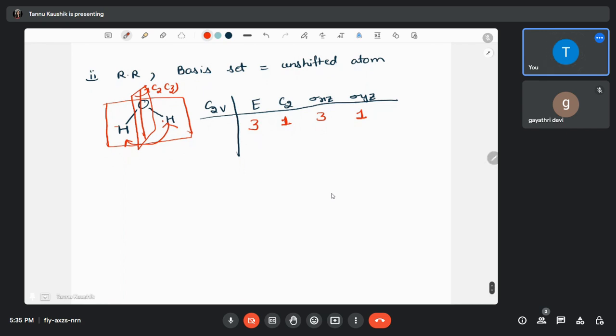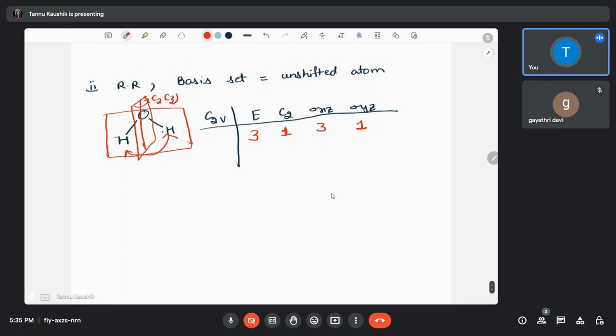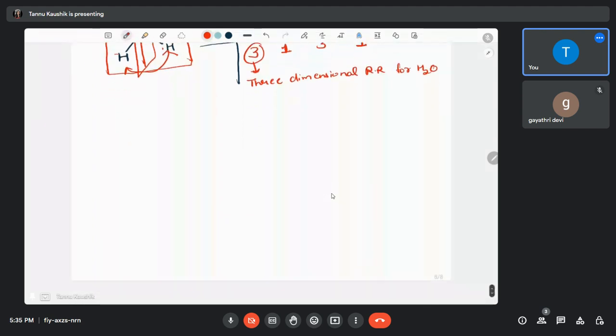So this is the three-dimensional representation for water based on the unshifted atom basis set, since again we have this 3 under the identity element. So this is the three-dimensional reducible representation for water.